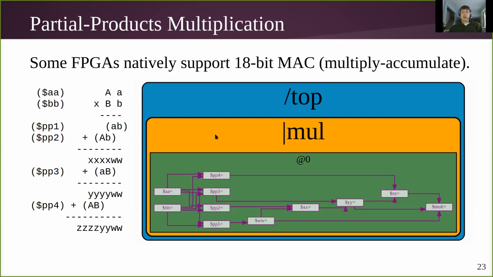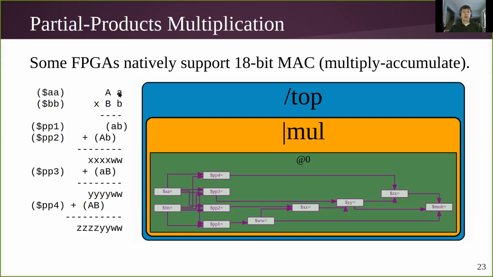So to implement this using the narrower 18-bit multiply, we have to divide up the multiply operation and do a partial products multiplication. So this is very similar to the way we learned long multiplication in school. We have two numbers that are broken into two fields. So in long multiplication, these would be our digits. Here, they're the two halves of the binary numbers.